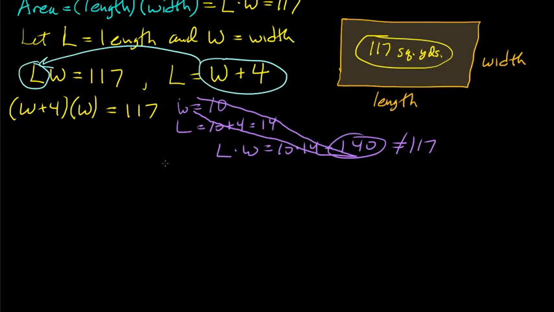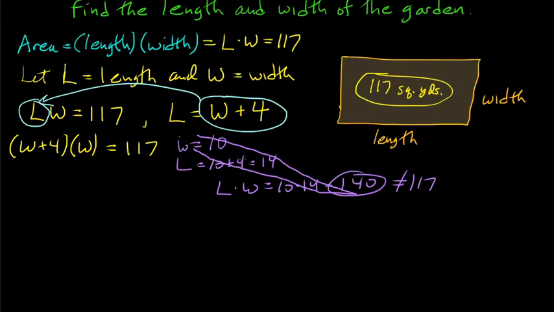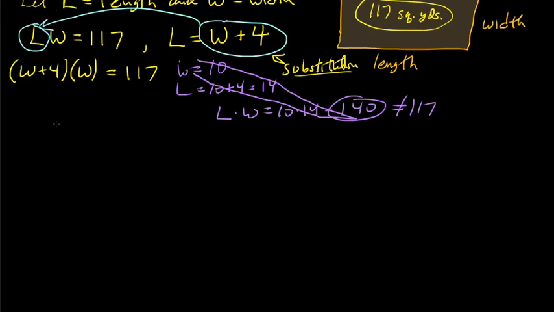So this is sometimes called a substitution. We're substituting for L the expression W plus 4. It's something you've probably seen earlier. So now we have this equation, W plus 4 times W equals 117. I just copied it down from here.